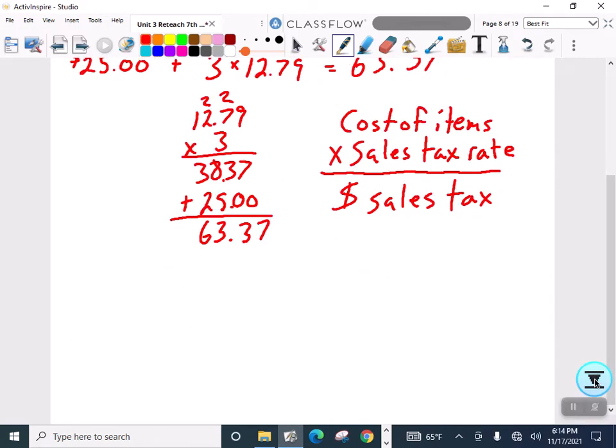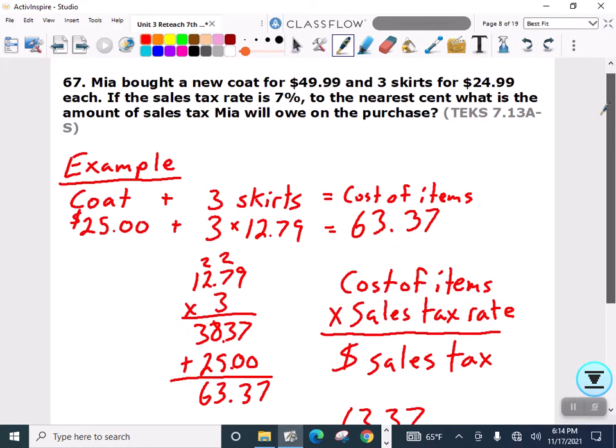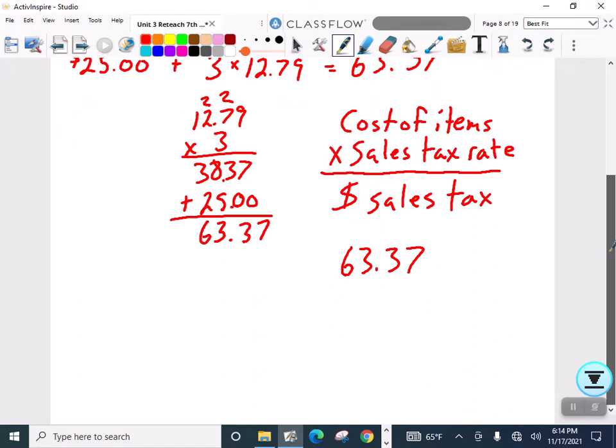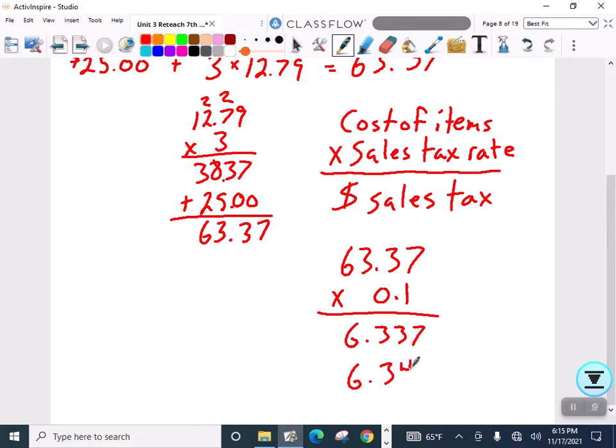So, we take 63.37 times the sales tax rate, and let's say the sales tax rate is 10%, but we gotta convert that to a decimal. Showed how to do that earlier, so go back a few slides if you need to. So this would be 6.337, but we round at the penny, so this turns out to be 6.34.